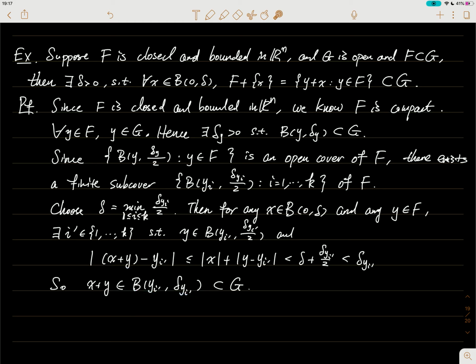And remember that this ball is in G, because for every point y, we chose this delta_y such that the ball is in G. So what I showed is that for every point x inside this ball and any y in F, x plus y is inside G. This completes the proof.